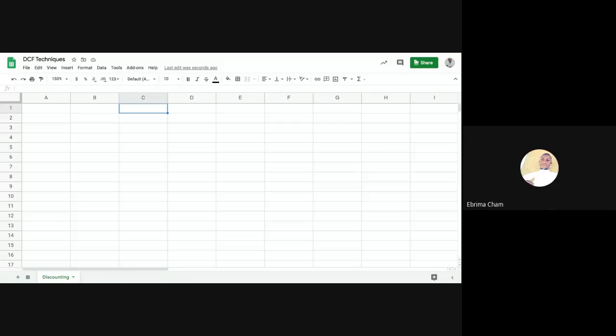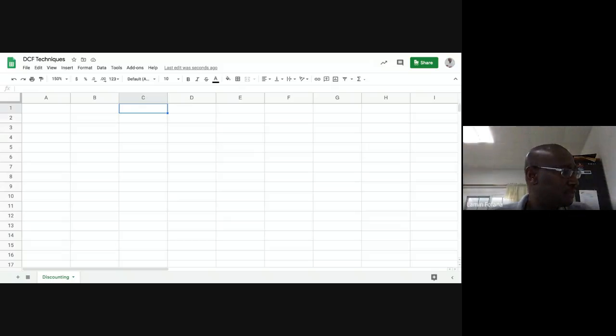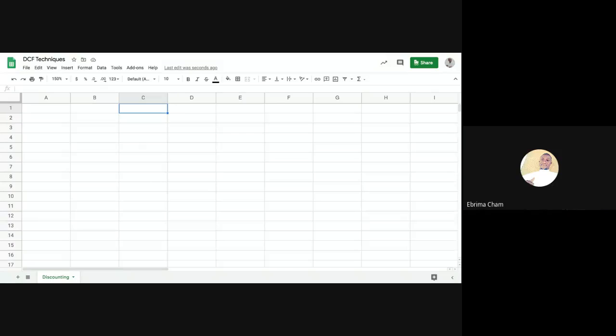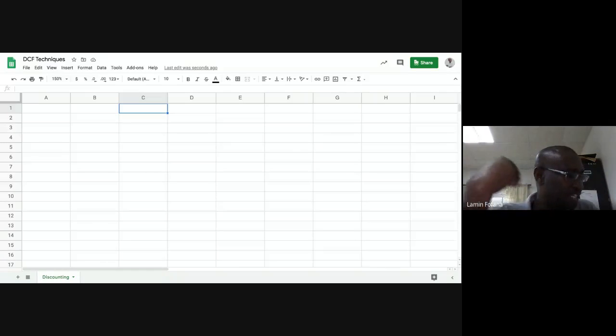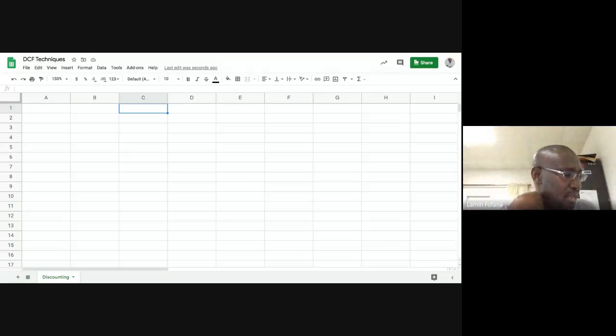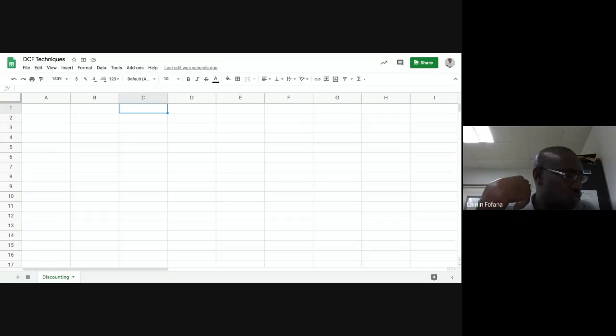Okay. So, like I said, discounting is the very opposite of compounding. So that means if you have a cash flow of 11,000 that is supposed to accrue after year 1, if you want to bring that to today's value, what are you going to do?